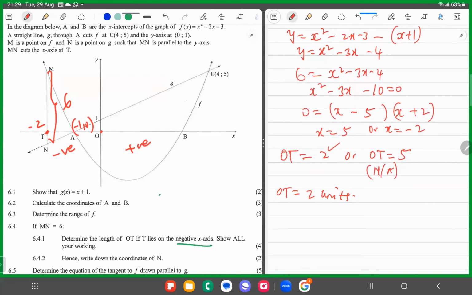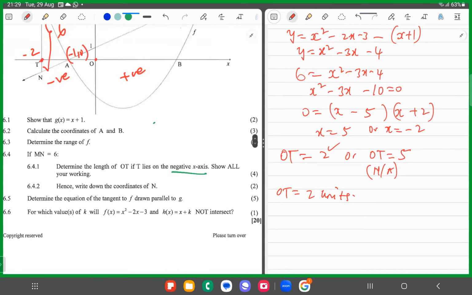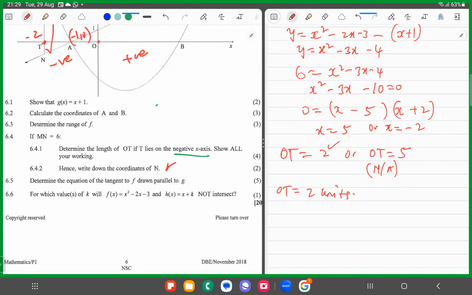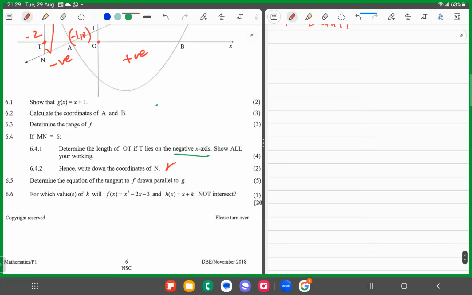All right. Okay, now hence write down the coordinates of N. Right.